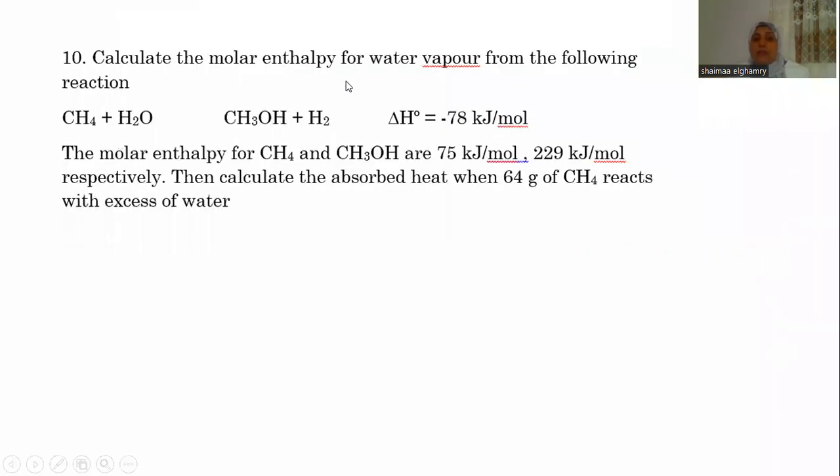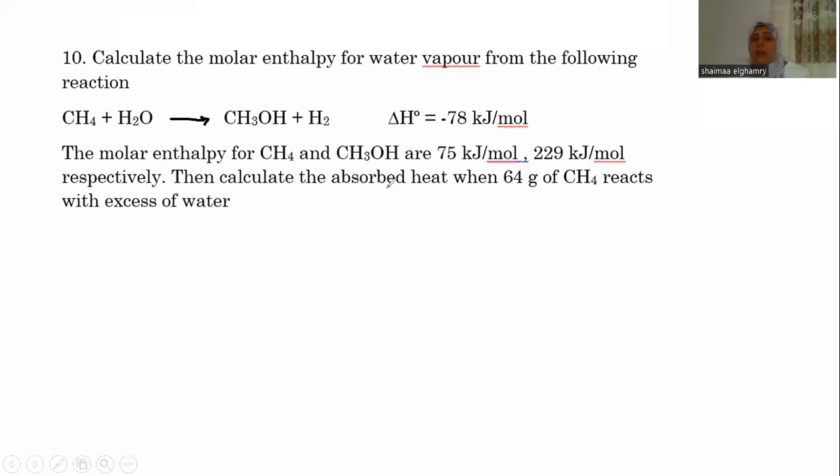Okay, calculate the molar enthalpy of water from the following reaction. Here we have CH4 plus H2O give us CH3OH plus H2. Here delta H for this reaction is negative 78 kilojoule per mole. The molar enthalpy for CH4 and CH3OH are 75 kilojoule per mole and 229 kilojoule per mole respectively.